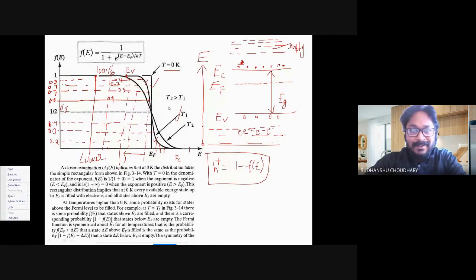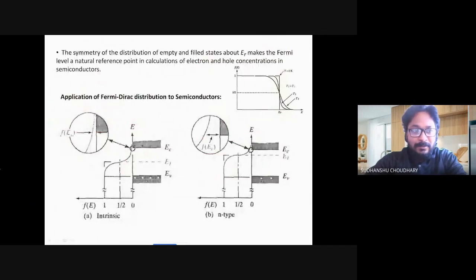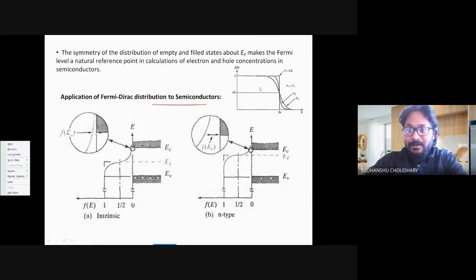Now this same Fermi level concept, or Fermi distribution concept, can also be applied to semiconductors. So for example, here this is my Fermi distribution function. For applying this to semiconductors, one has to rotate this left by 90 degrees.